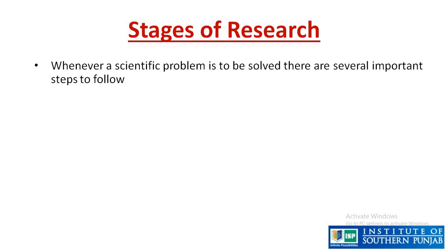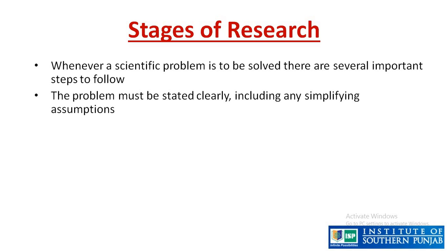So while taking the decision of research, these points are very important to be considered. Whenever a scientific problem is to be solved, there are several important steps to follow. Scientific problem means we are students of mathematics and we have to do a research problem which is based on some scientific assumptions or hypotheses. So these steps should be kept in mind.